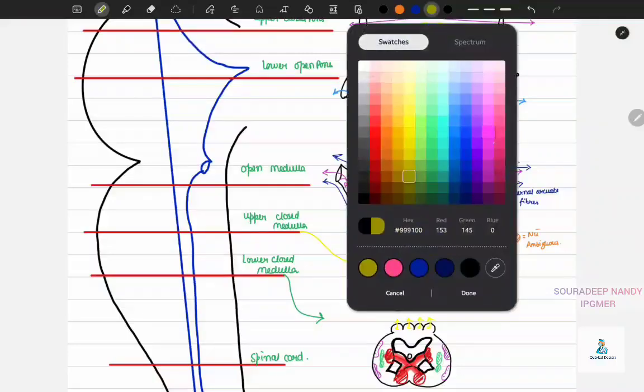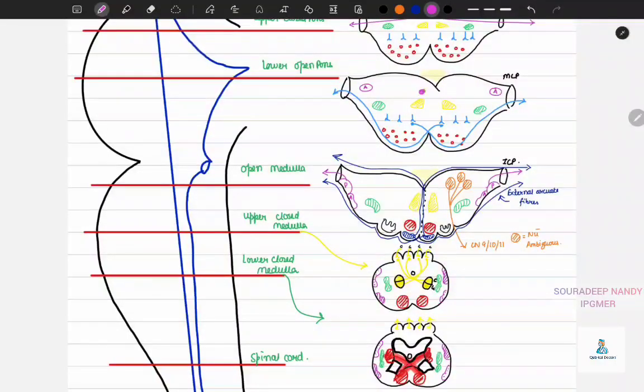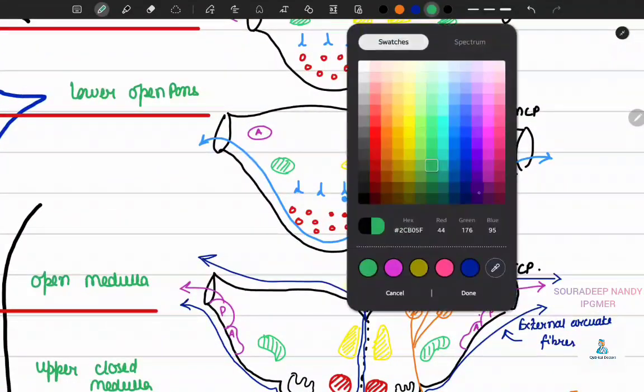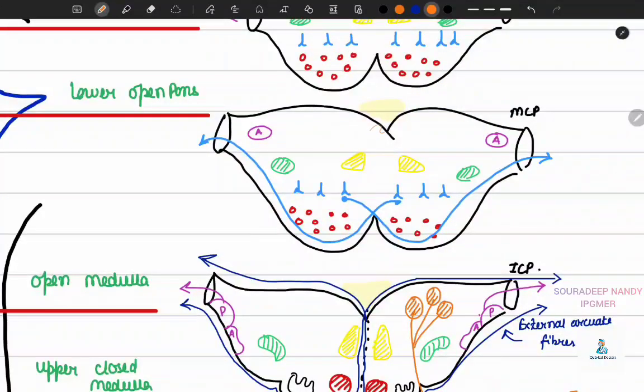One is the sixth cranial nerve, which is the abducens nerve. And another is the seventh nerve, that is the facial nerve.